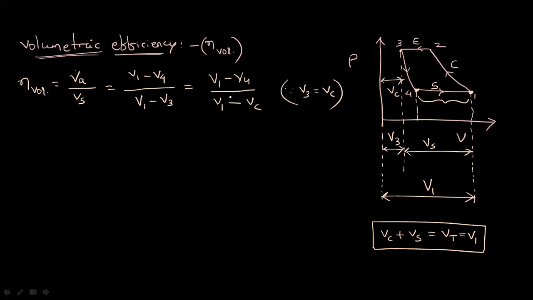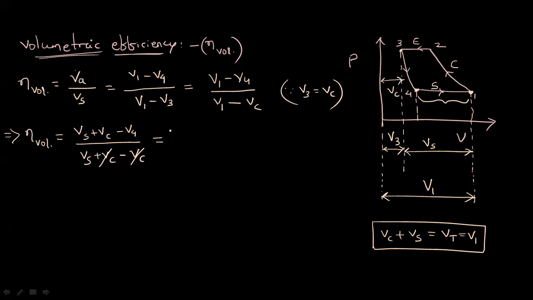So in place of V1, I can write Vc plus Vs. That implies, in this volumetric efficiency, in place of V1, I will write Vs plus Vc minus V4 whole divided by, here in place of V1, again I will write Vs plus Vc minus Vc. So in this one, plus Vc and minus Vc will get cancelled.